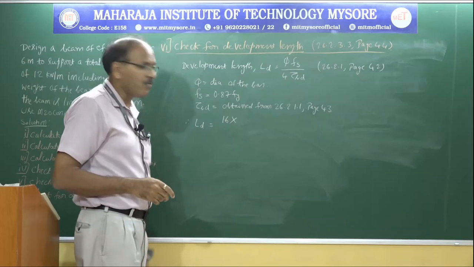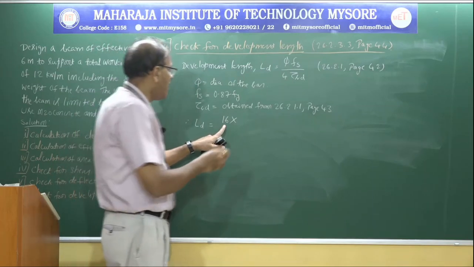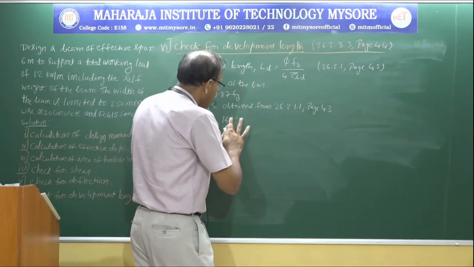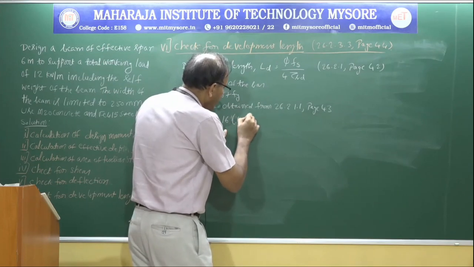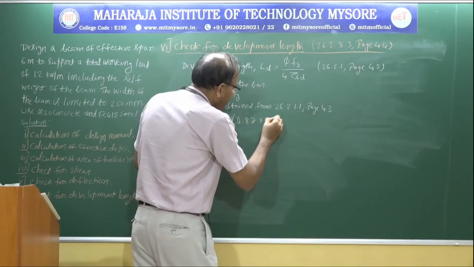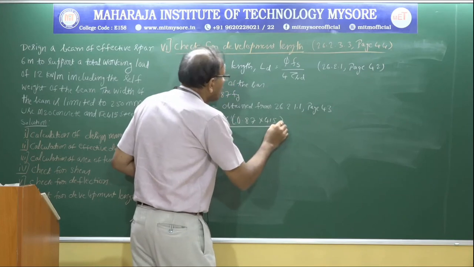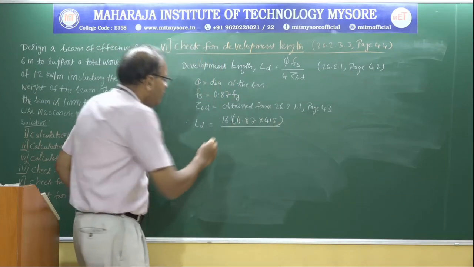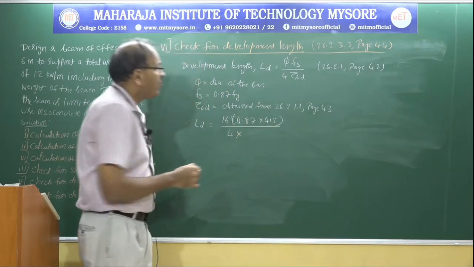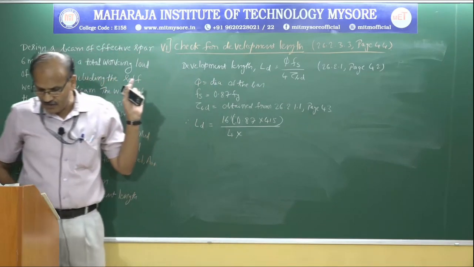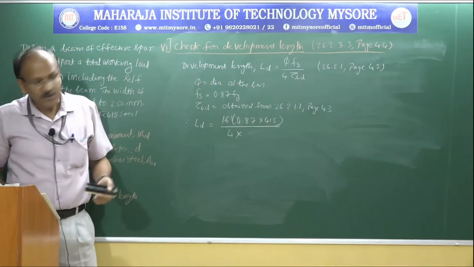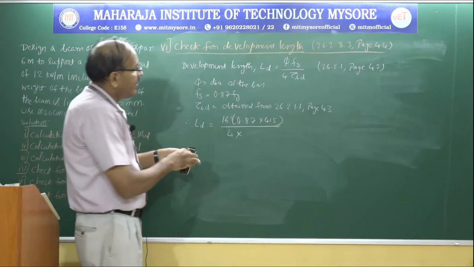By substituting all the values in this equation, LD equal to phi, the diameter of the bar. How much is it? 16 millimeter. Fs is 0.87 multiplied by 415, and 4. And what is tau Bd? Tau Bd is the design bond stress.